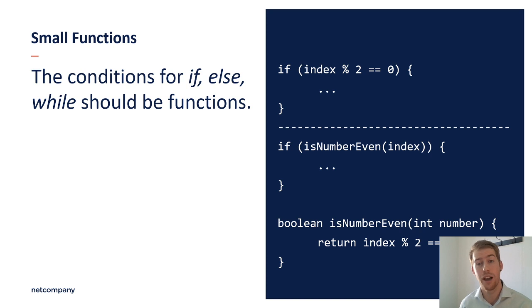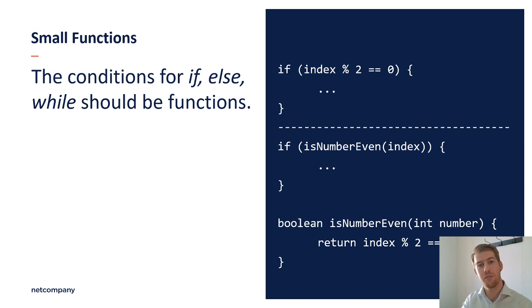On the right here we have a check: if index modulo 2 equals 0, then we do something, right? I wrap that condition in a function, and I call the function isNumberEven. By that, you will never have to worry about what's inside that function, because you know it checks if a certain number is even, right?